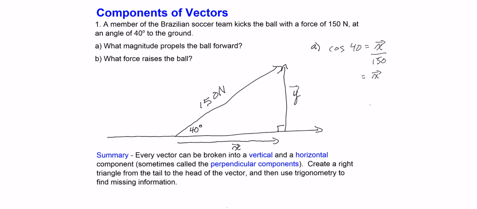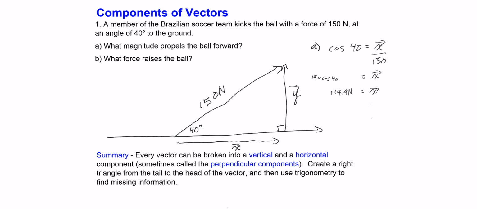We solve for x. In this case, we have 150 cosine of 40, which gives us, when we do our calculation, 114.9 newtons.